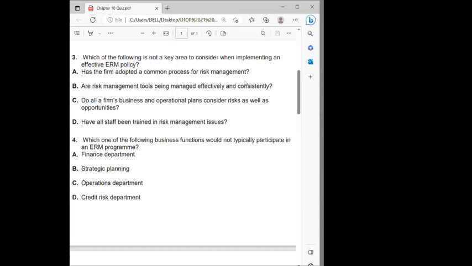Has a firm adopted a common process for risk management? Are risk management tools being managed effectively and consistently? Do all the firms' business and operational plans consider risks as well as opportunities? Have all staff been trained in risk management issues? If you look at the given list of things, the area that is not considered.